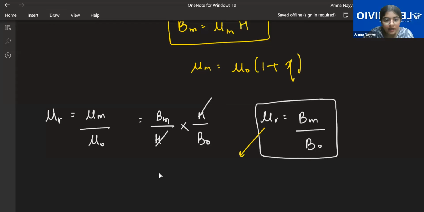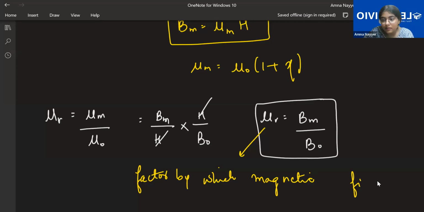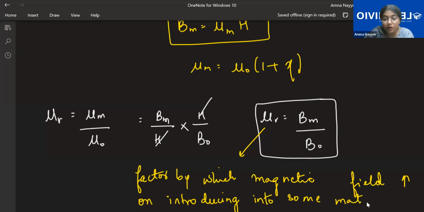This is a factor by which the magnetic field increases on introducing some materials.